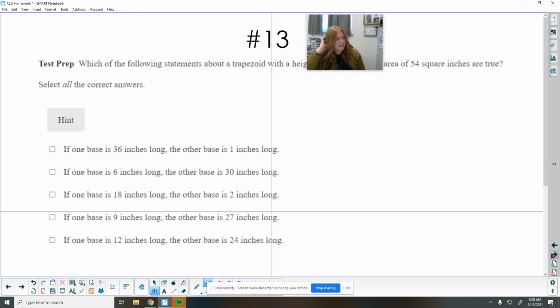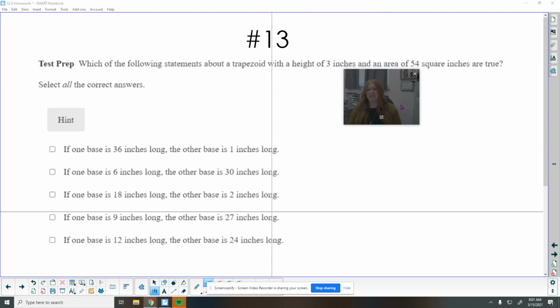Number 13, which of the following statements about a trapezoid with a height of 3 inches and an area of 54 square inches are true? So we're looking for A and B here. We know the height is 3.